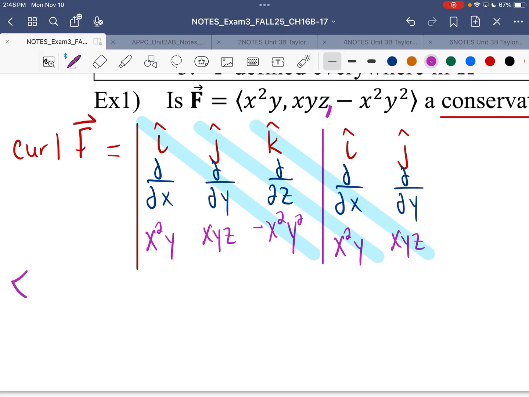Okay, so first, in the I spot, I'm going to take the partial derivative with respect to y.